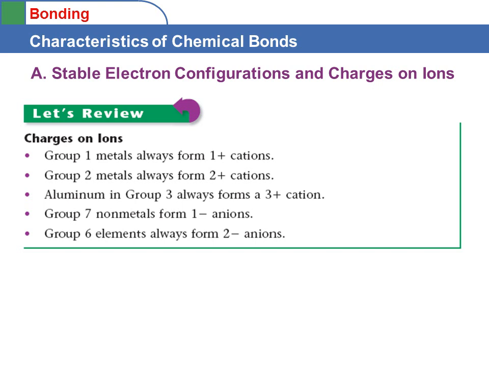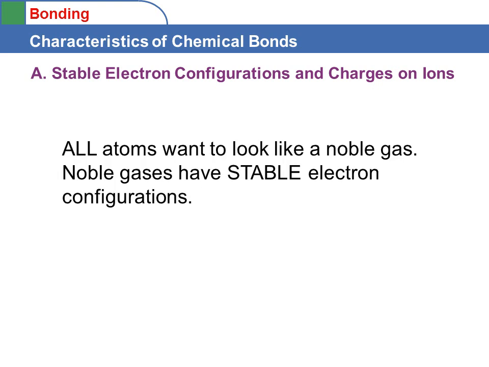Because they want to gain that negatively charged electron, they become negatively charged themselves, with a -1 charge. Now the next column in, the oxygen column, oxygen, sulfur, selenium, tellurium, and polonium, all want to gain 2 electrons. So that will make them a -2 anion.